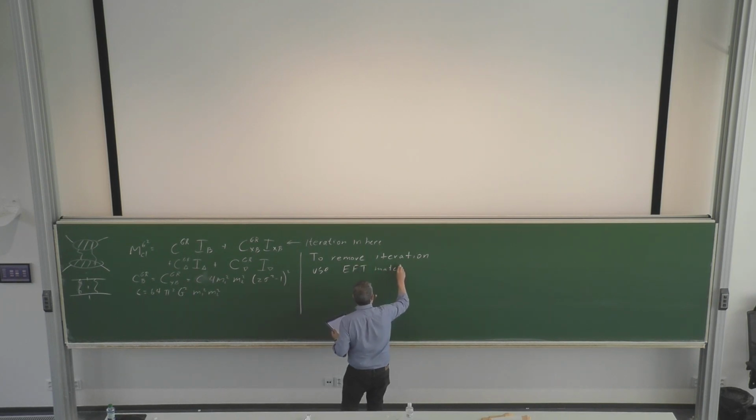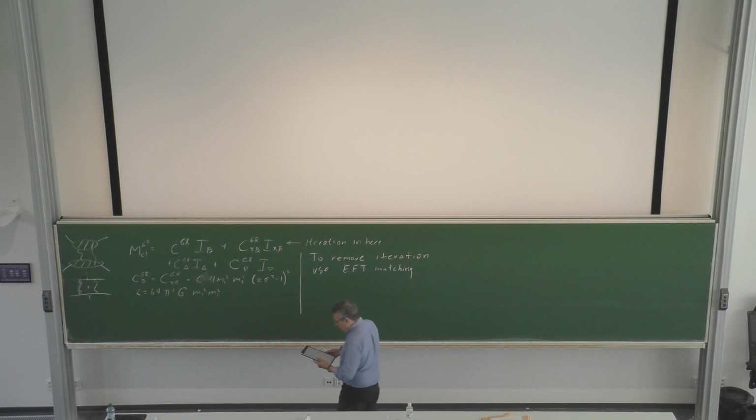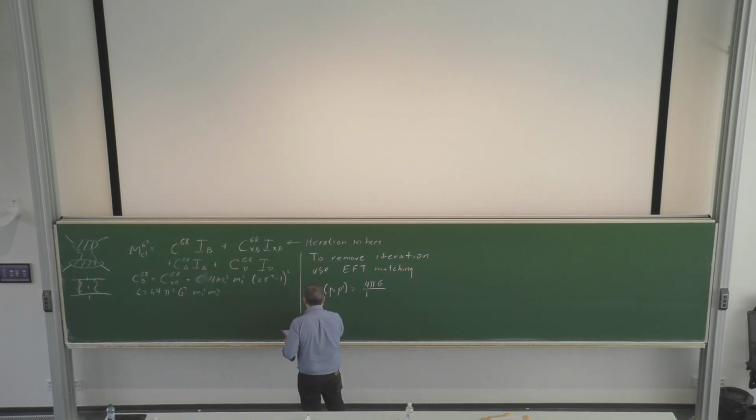And this EFT is precisely an effective field theory of two black holes scattering through a potential. So we have a potential, V of P and P prime, and that potential we can define. There's the lowest order term, we'll have a scattering process.